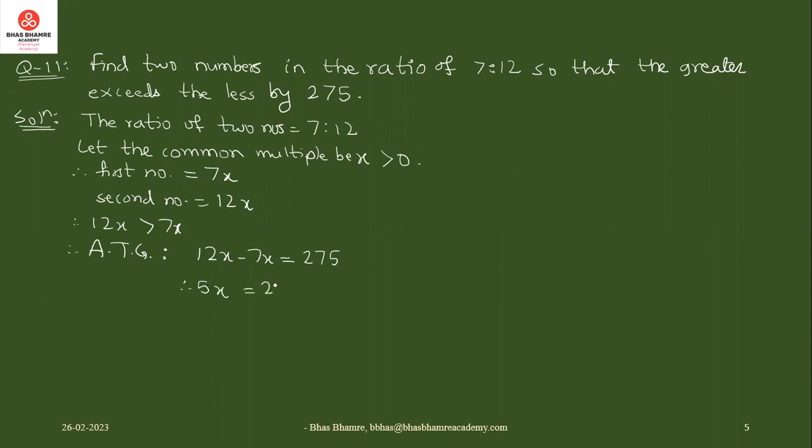Therefore, 5x is equal to 275. Therefore, x is 275 upon 5. So we get x is 55. How simple the question is.